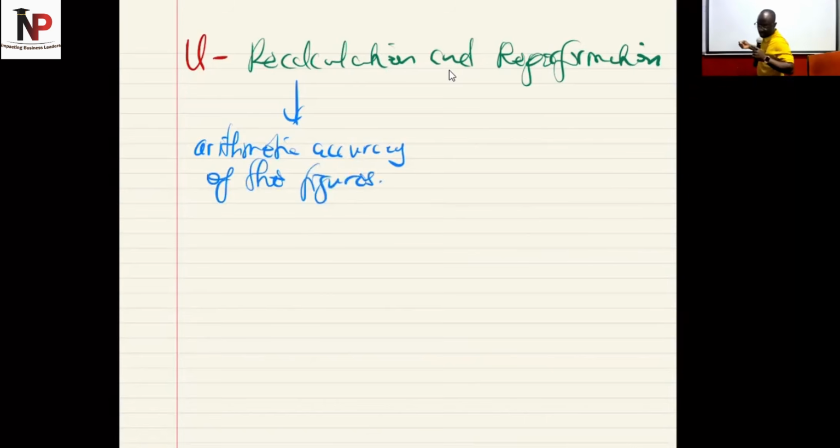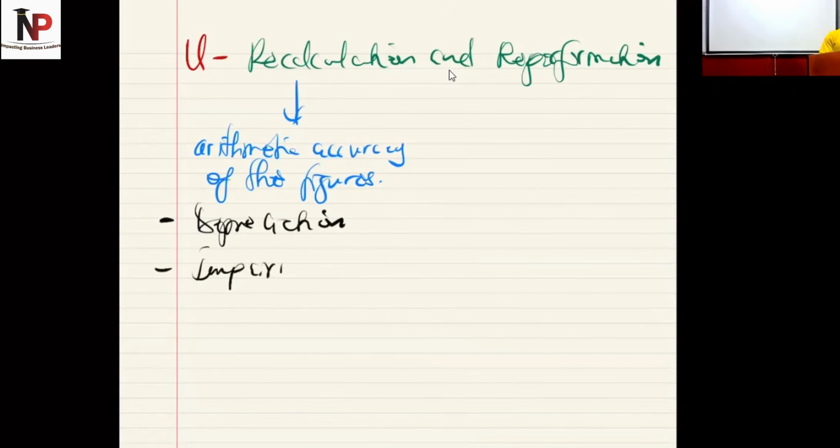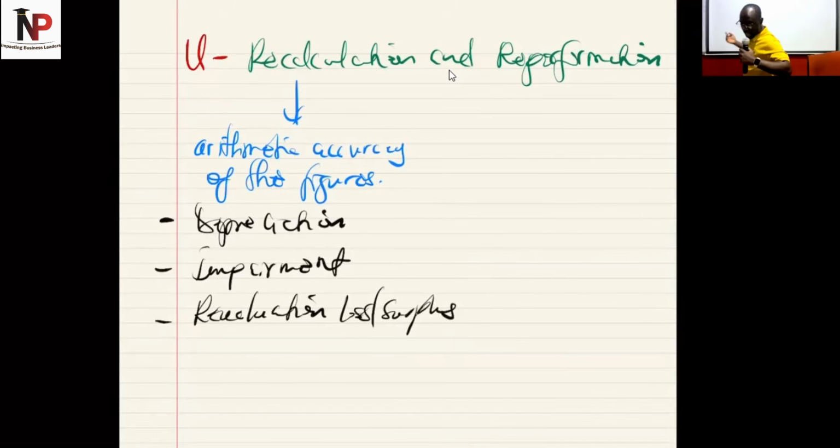So for instance, recalculating the depreciation of the company, that is recalculation. So sometimes we have to do the calculation ourselves, or impairment, to see how much impairment they are supposed to charge. Or revaluation of assets. Let's calculate it and see how the revaluation surplus or revaluation loss was treated. Accuracy, recalculation.